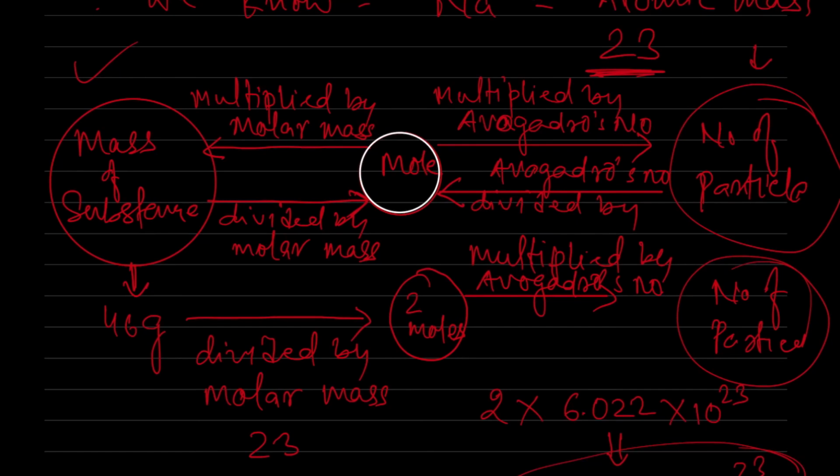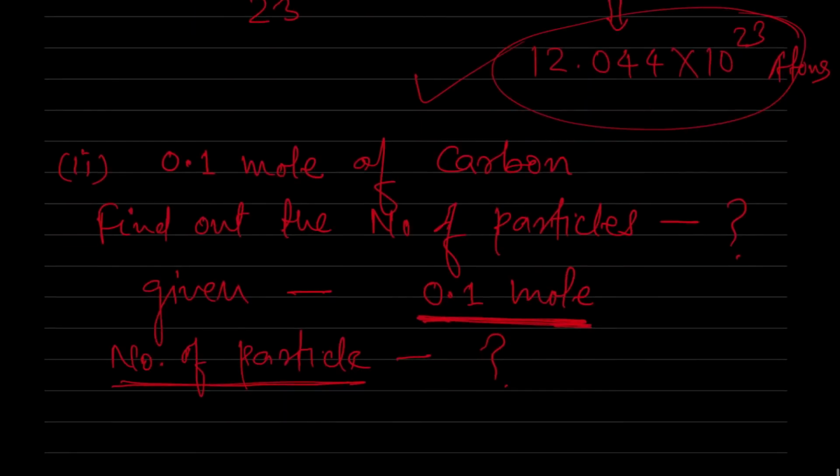So what we have to do, first of all, is convert this mole into number of particles by multiplying this value with the Avogadro number. Mole can be converted into number of particles by multiplying by the Avogadro number. So you can calculate this.